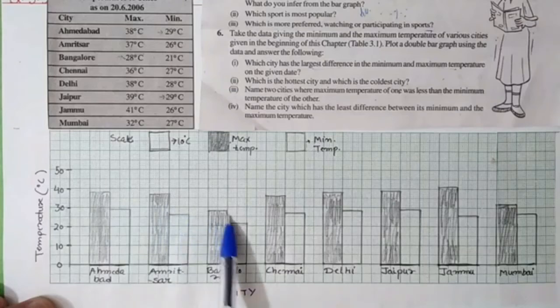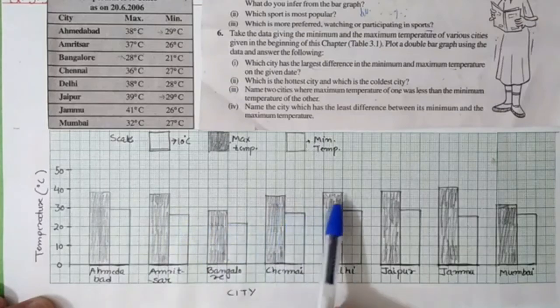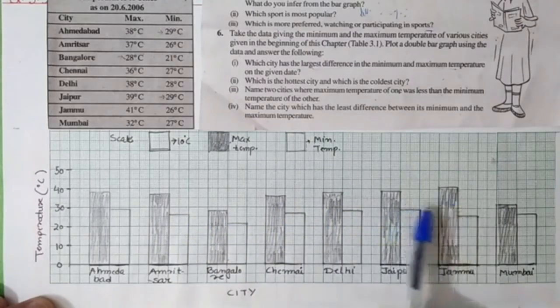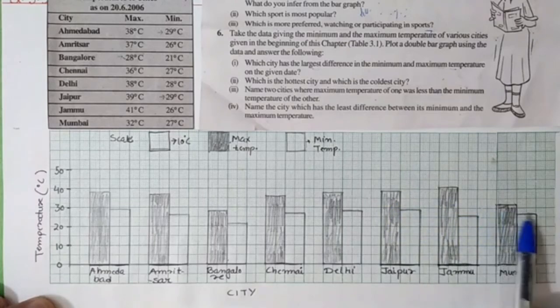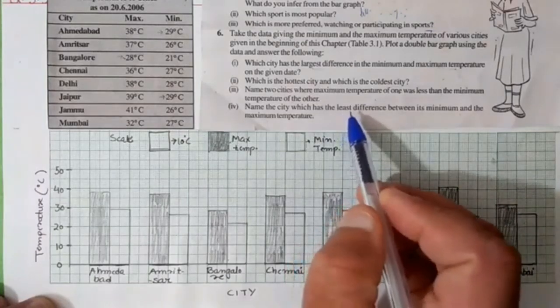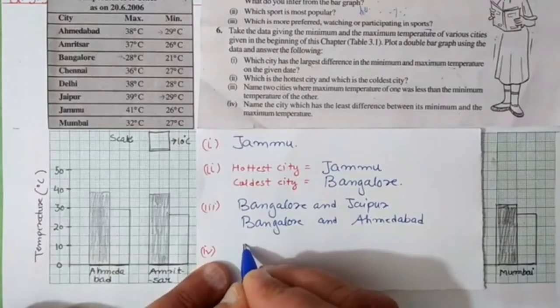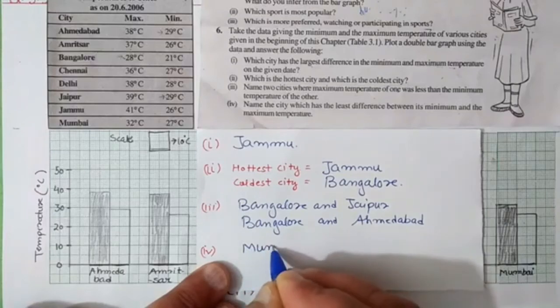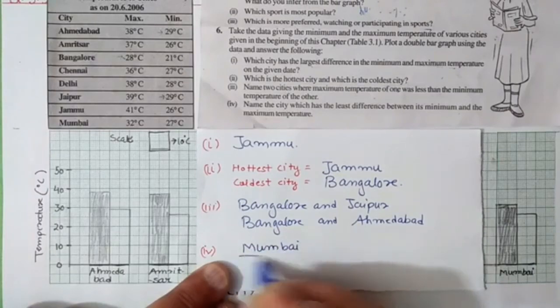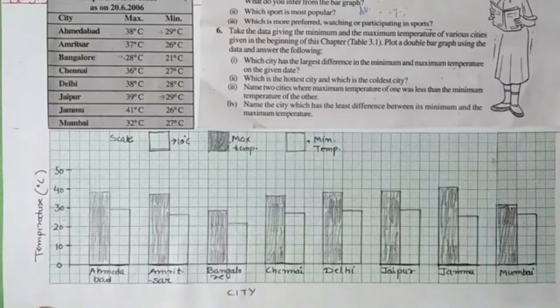This is very high, this is also very high, all these cities are high. You see Mumbai city: this is the least difference between maximum and minimum temperature. Now we can write the fourth answer: Mumbai city has the least difference between its minimum and maximum temperature.